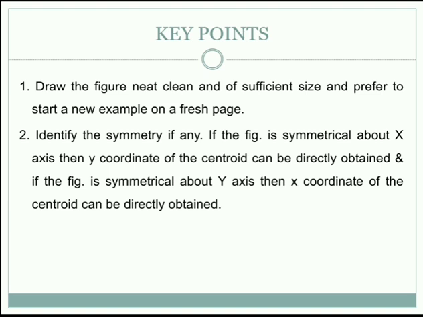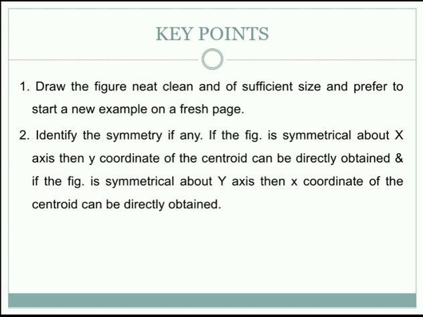If you are taking a T section as an example, and your centroidal axis, that is the axis passing through the center of the figure itself, is your reference axis, it divides the figure exactly into two parts, left side and right side. That means it is symmetrical about the vertical axis. Hence x bar we can directly obtain. And where will x bar lie? On that axis itself.